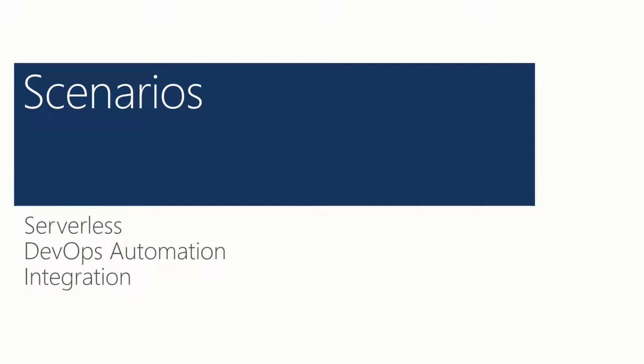Let's dive into a couple scenarios, talk about what you can actually do with Event Grid. So the main 3 areas that we see people really seeing huge benefit here are serverless, DevOps automation, and integration. So I can talk to you a little bit about what those mean.